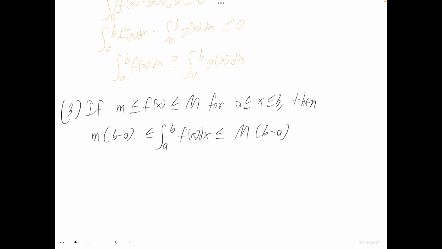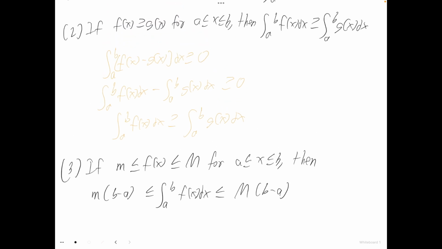Now, this might look kind of complicated, but in reality, all we are saying here is we're just using property 2, where we're using a fixed constant little m and fixed constant capital M. So this is kind of like a g of x and an h of x, and then we're just applying property 2, using the fact we know how to take the integral of constants.